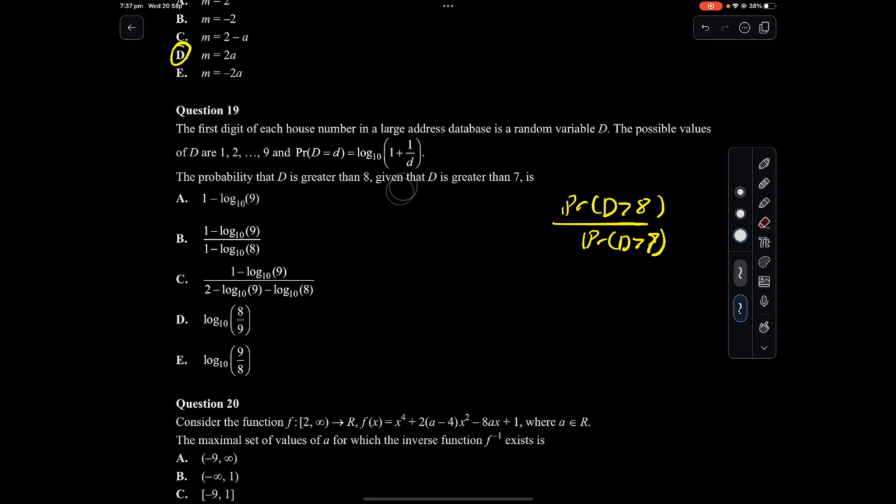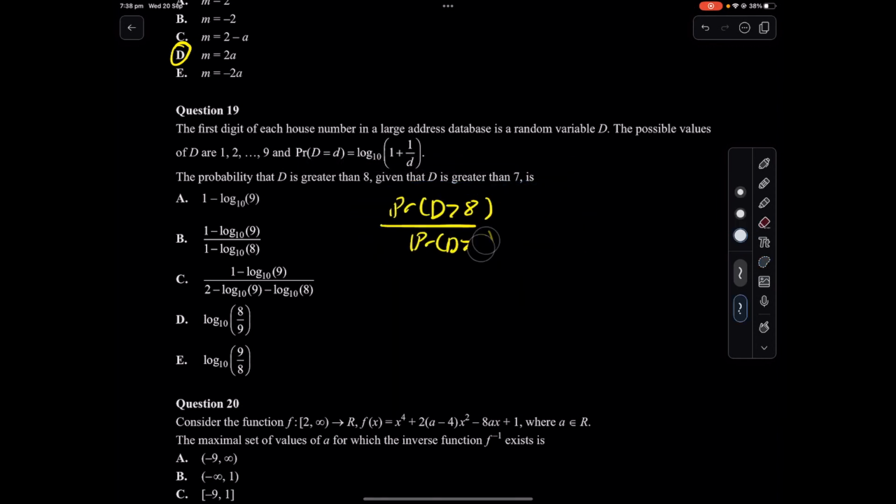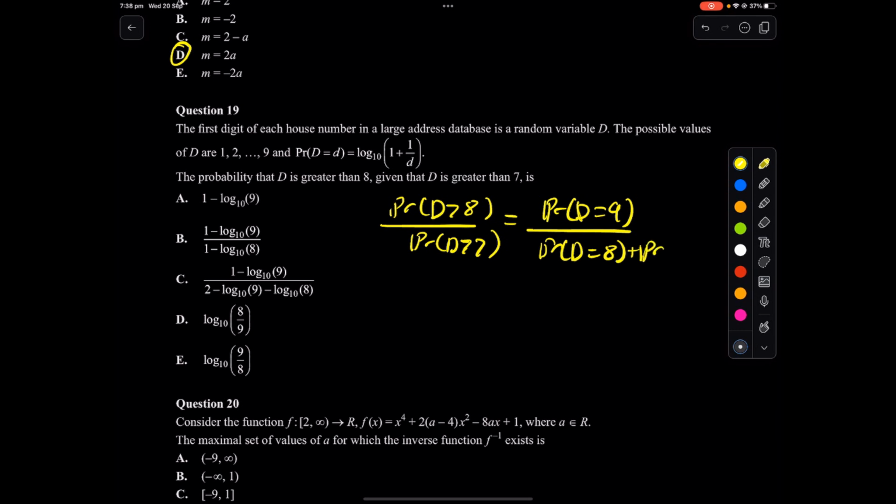Let me just rub this all off. So what we're trying to find is this over here. Because we know the max is 9, we can just write this as probability of d equals 9 over probability of d equals 8 plus probability of d equals 9. So let's just define the function.